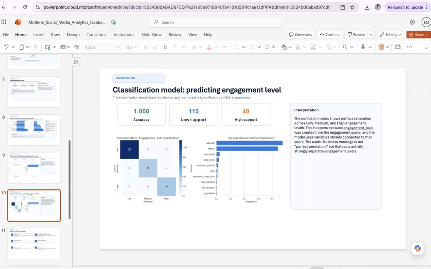This looks very strong, but again, it should be interpreted with caution, like I earlier mentioned. The engagement level categories were derived from the engagement score, and the model also uses variables closely connected to that score. So the model is useful for showing the full classification workflow, but should not be presented as a perfect real-world prediction, as these values were deduced by the notebook.